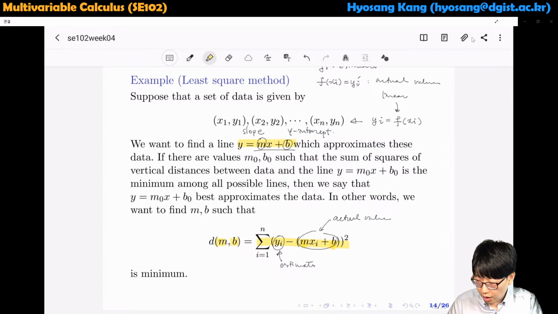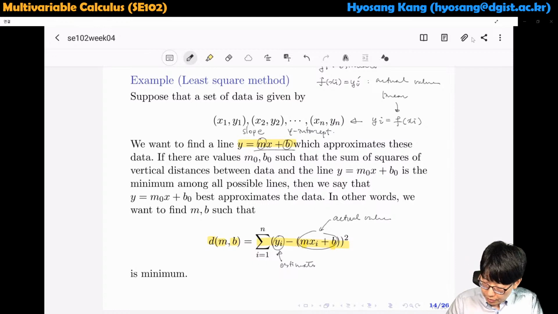I will call this formula a function called d. All the values yi and xi are given. In this formula it seems like xi and yi are variables, but they are not. They are numbers already given, so it's simply a function of m and b.